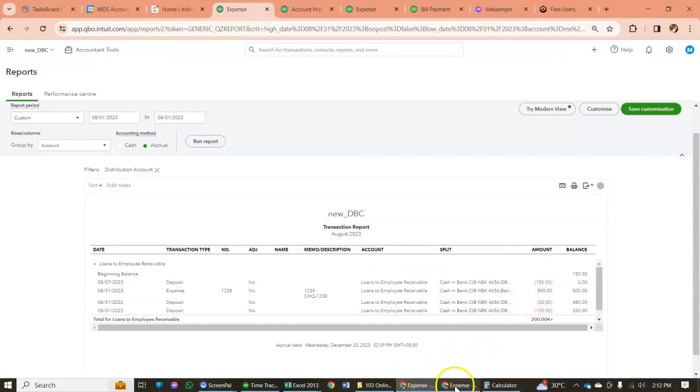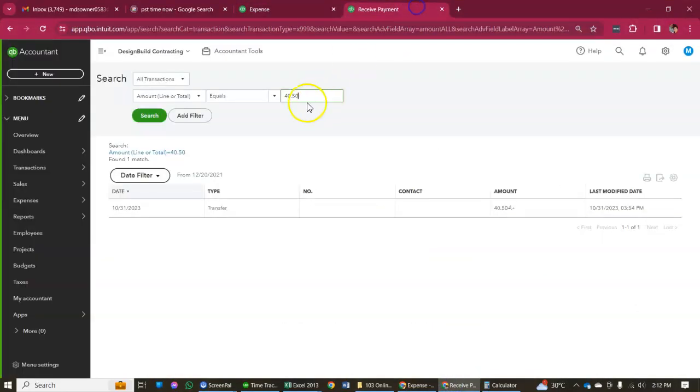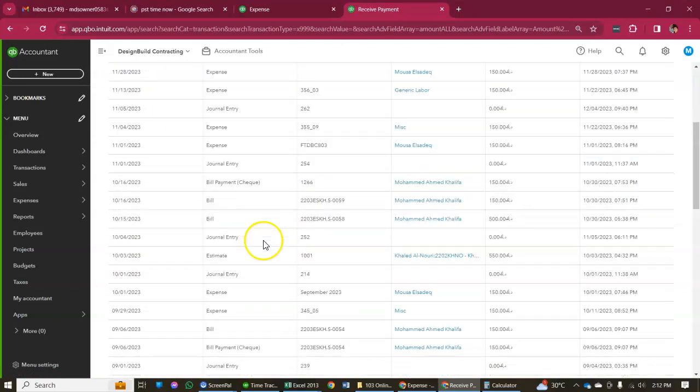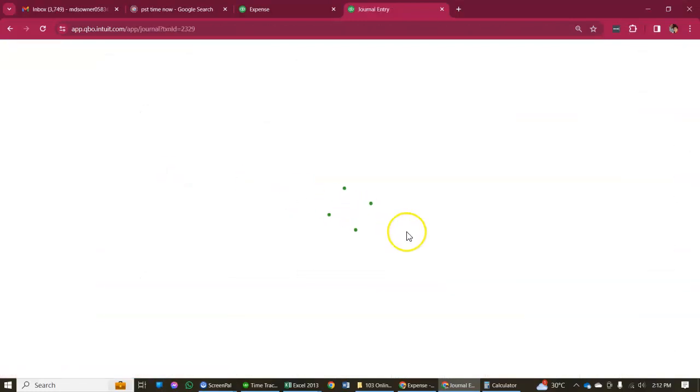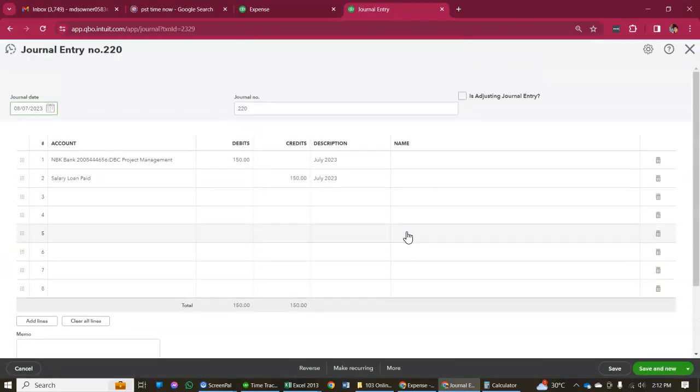So let's try to check if they have 150 on 87. There it is. This 150 on 87 is a salary paid. They put that one as salary paid, so that's okay.